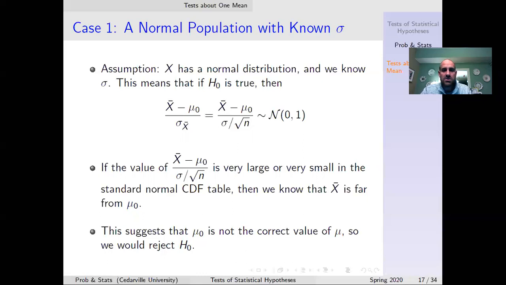Remember in case one, the assumption is that you have a normal distribution, and you may have reason to believe that's true, and we know sigma.